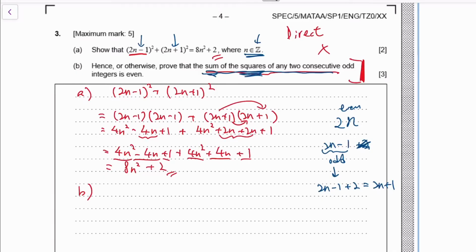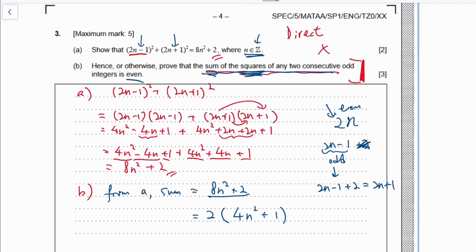So from A, we know the sum would be 8n squared plus 2. Well, all we need to show is that this sum here is even. Well, again, even means it is 2 times some integer. So we obviously just factor 2 out. Then we have 4n squared plus 1.